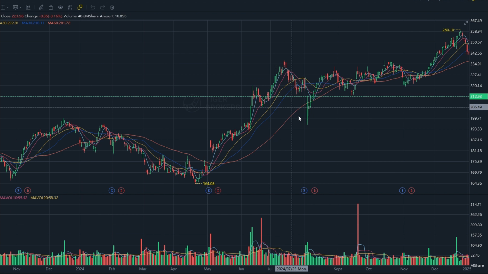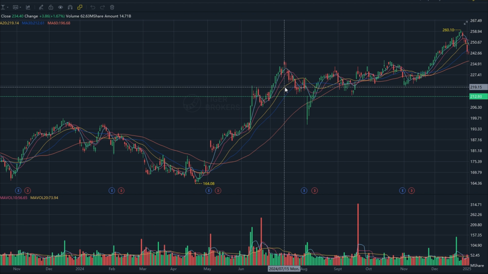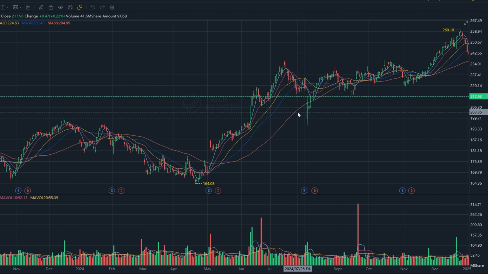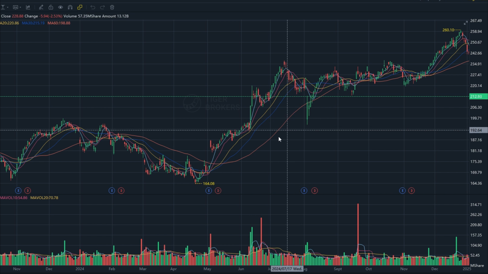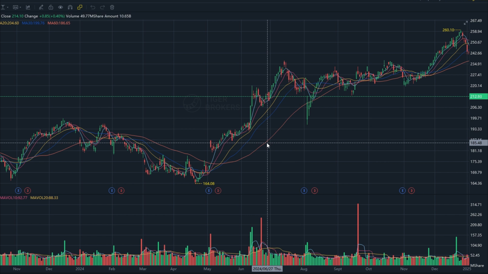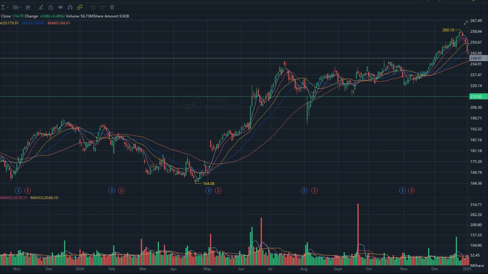Here, we've added several MAs: the 5-day, the 10-day, the 20-day, and the 60-day. So how do we determine the trend? When these lines are arranged in bullish order, what does that mean? Let's take a look. It means the 5-day is above the 10-day, above the 20-day, above the 30-day, above the 60-day, and even the yearly average.